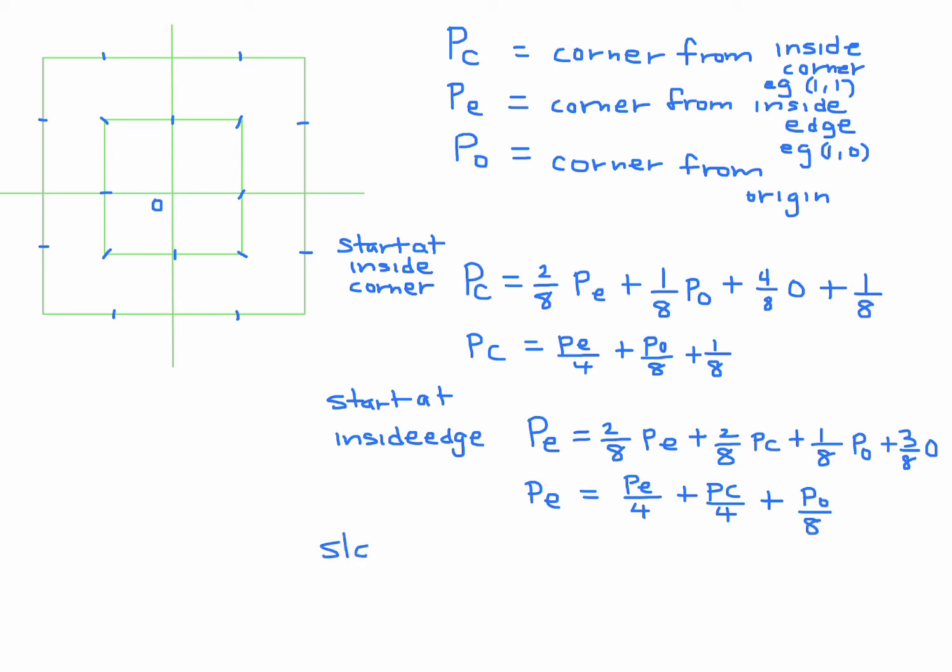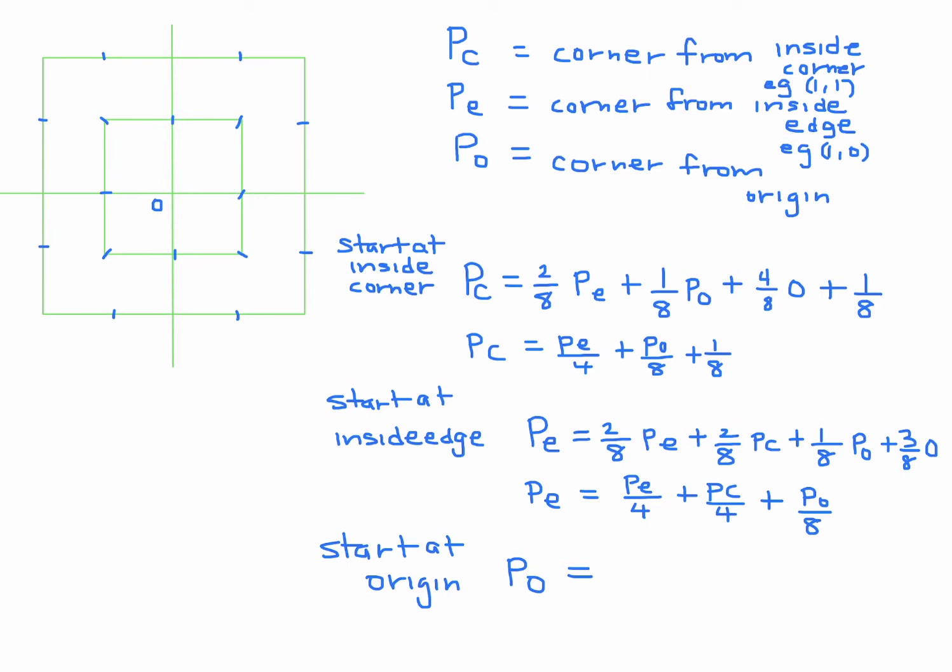And then we have one last one, start at the origin. And when we start at the origin, that will be PO. We're starting here now. From there, we can either go to the edge, either here, here, here, or here. So there's obviously 4 ways. Each has a probability of 1/8.